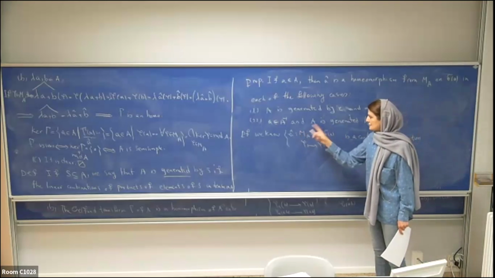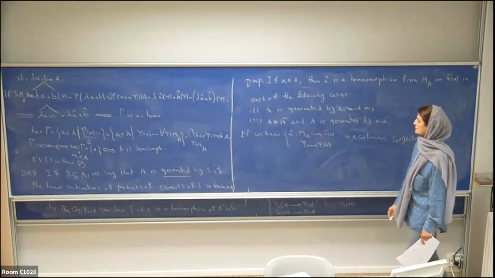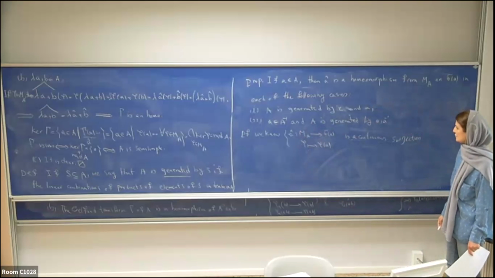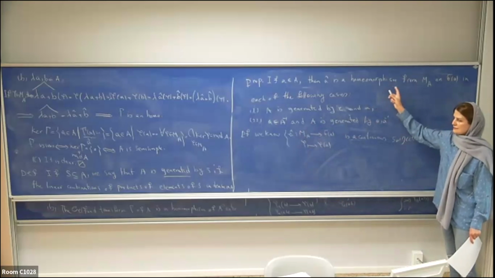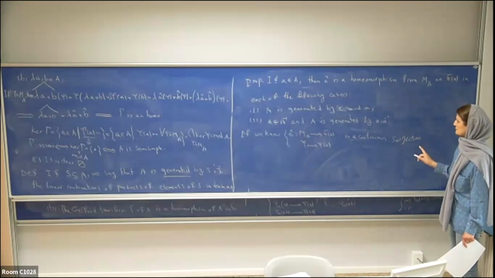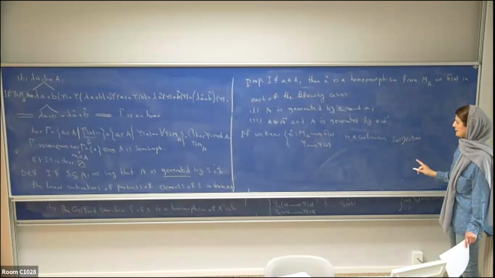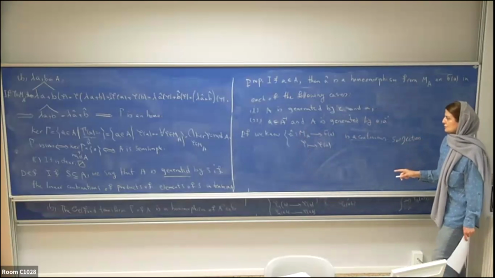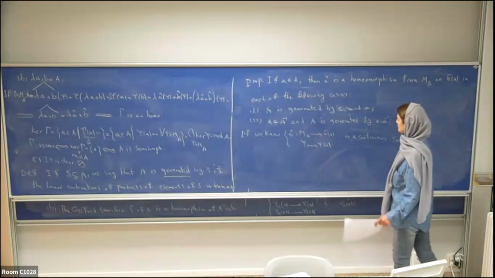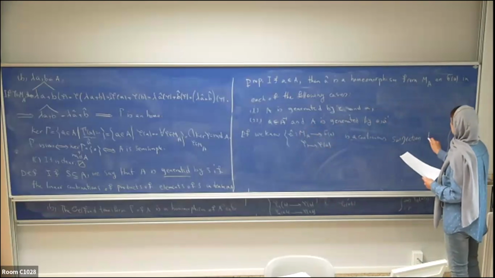And anyway, the inverse will be continuous, and finally we have a homeomorphism. So I mean that it's enough to show that A hat is injective. Thanks to compactness, we can obtain the continuity of the inverse.